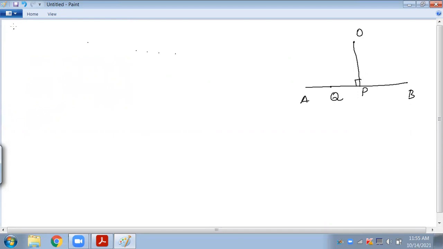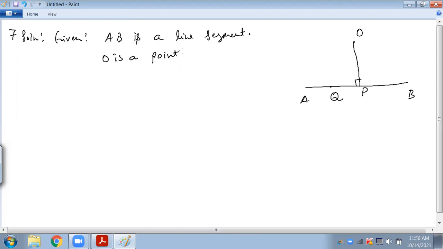Okay, so question number 7. Given: AB is a line segment, and O is a point not on AB, and OP is perpendicular to AB.